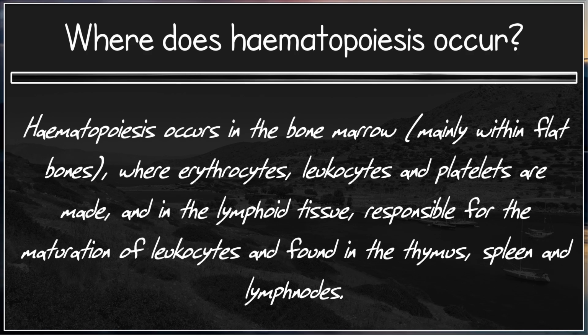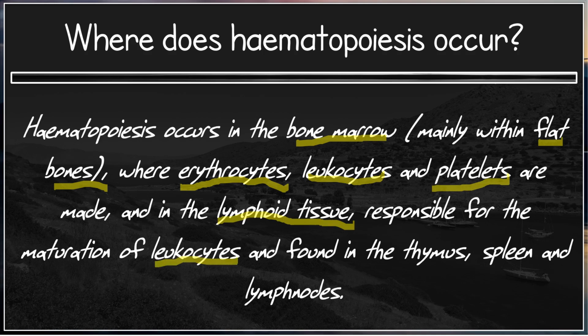Hematopoiesis occurs in the bone marrow, mainly within the flat bones, where erythrocytes, leukocytes, and platelets are made, and in the lymphoid tissue, responsible for the manufacture of leukocytes and found in thymus, spleen, and lymph nodes.